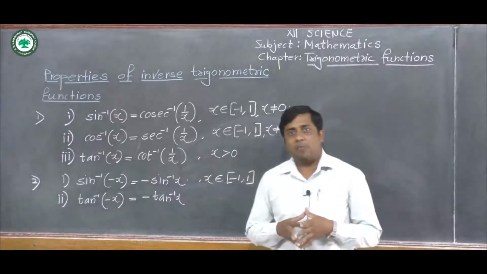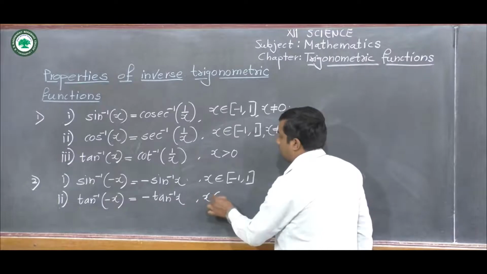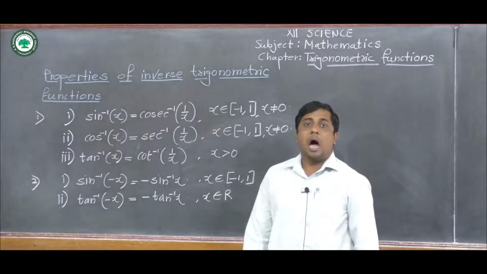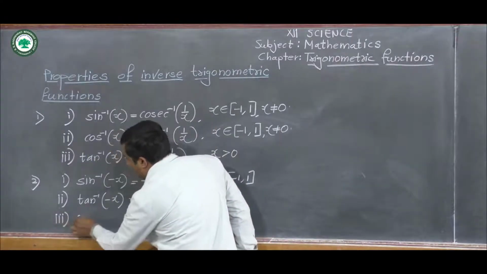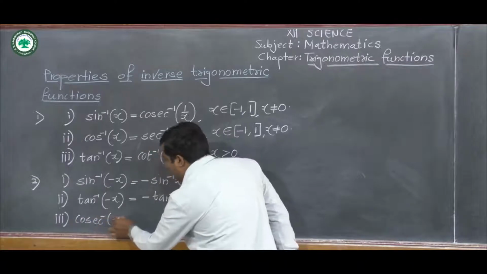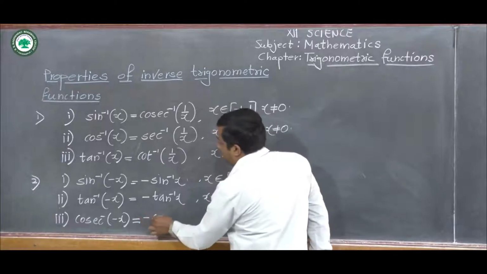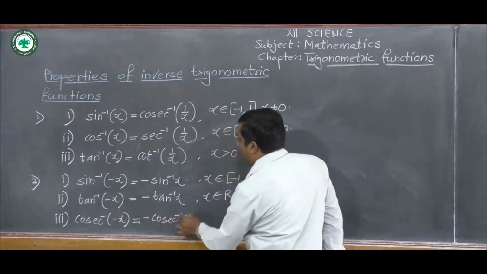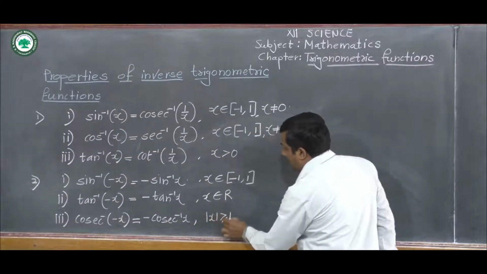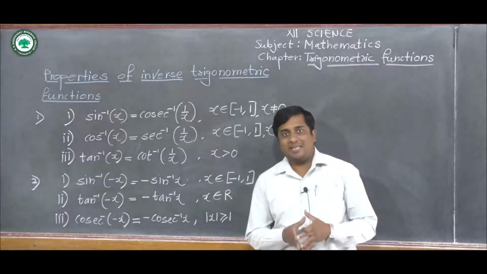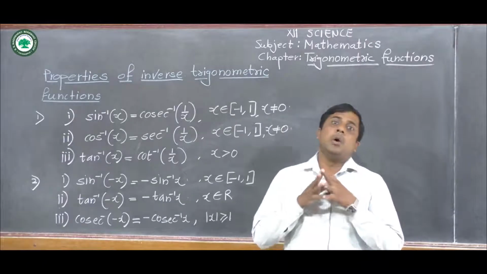Again by using the principal value branch we define this property, and x belongs to R. Next, in the third we consider cosec inverse of minus x, which is again minus cosec inverse of x, where mod of x is greater than or equal to 1, that is x is less than minus 1 or x is greater than 1.